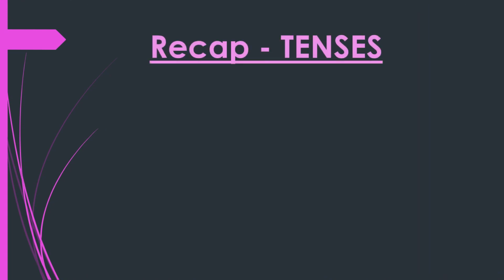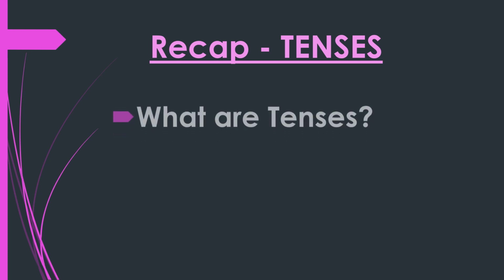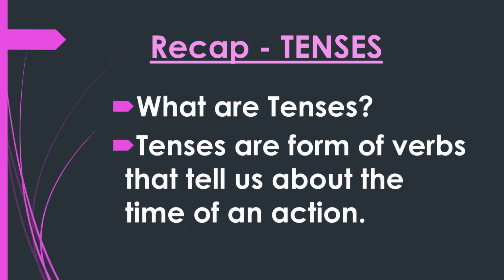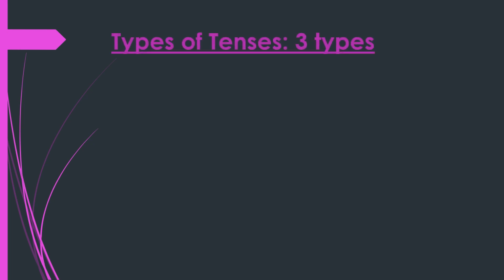Before we start with the future tense, let us recap what tenses are. Tenses are forms of verbs that tell us about the time of an action. Let us recall the three types of tenses that we have learnt about.